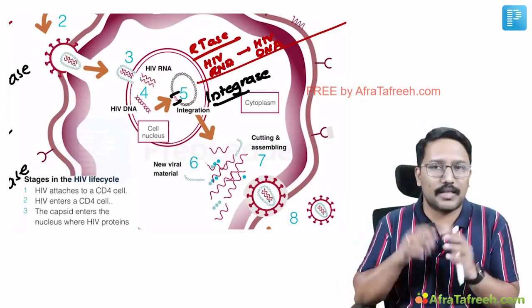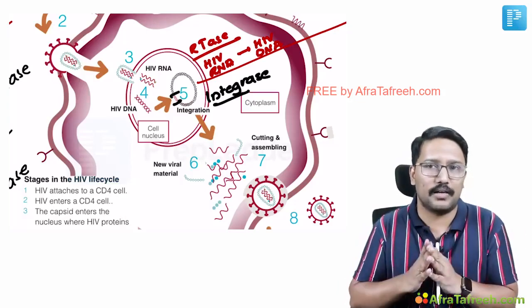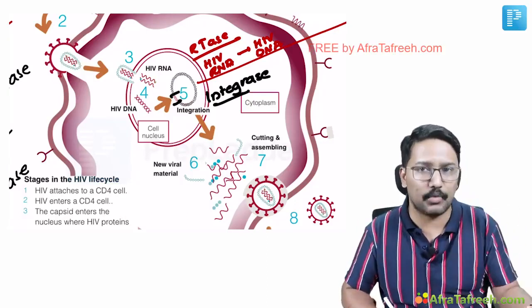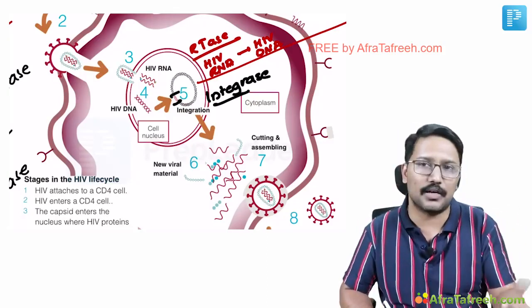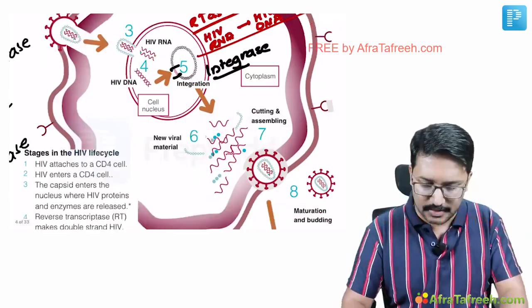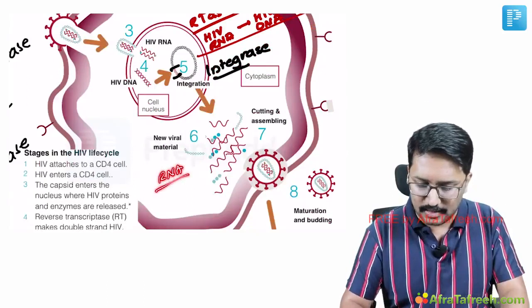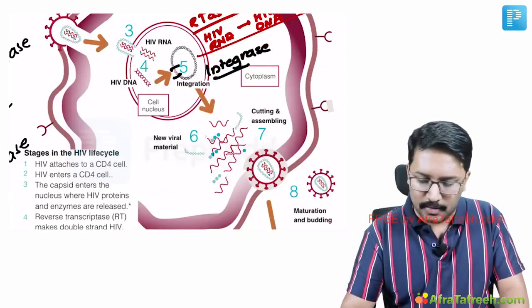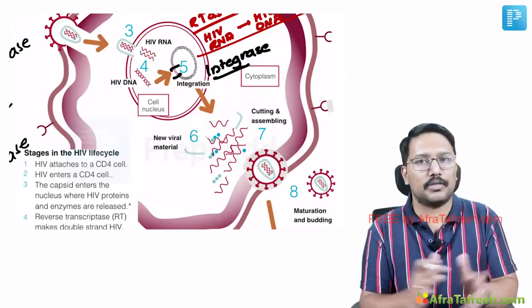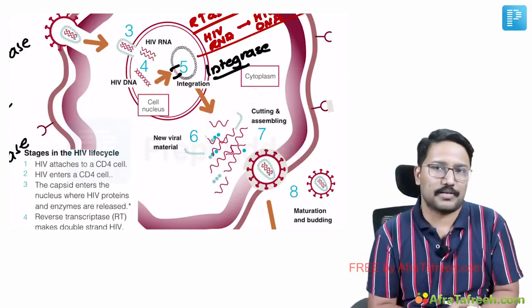Okay, once its DNA makes its way into the host cell DNA, just like how the host cell multiplies and does its metabolic functions, HIV DNA also can start doing its work, right? So this HIV DNA will now start producing its genetic material, that is RNA, and it will also start producing important proteins, structural and non-structural proteins required for formation of viral particles, right?